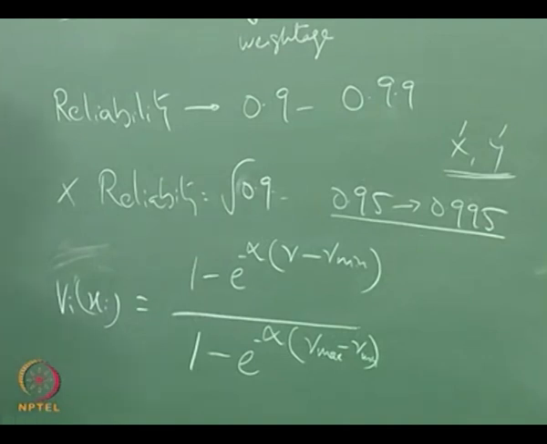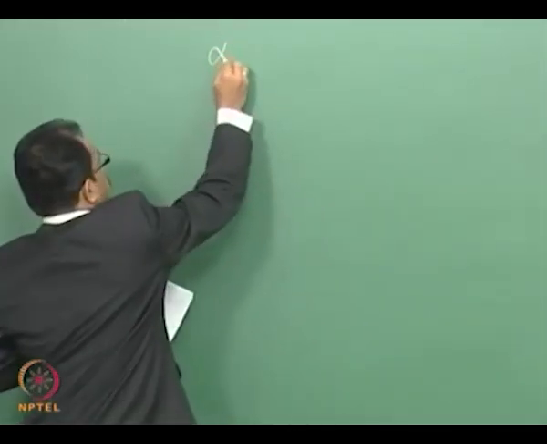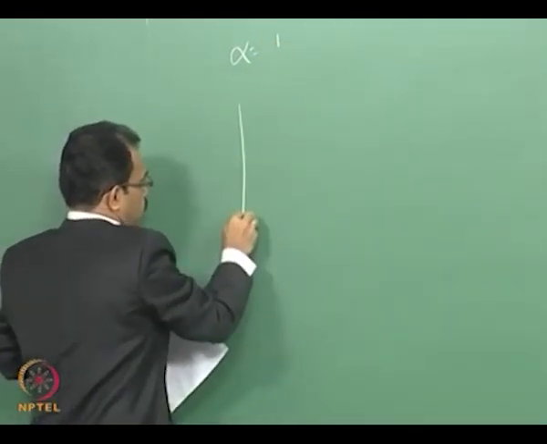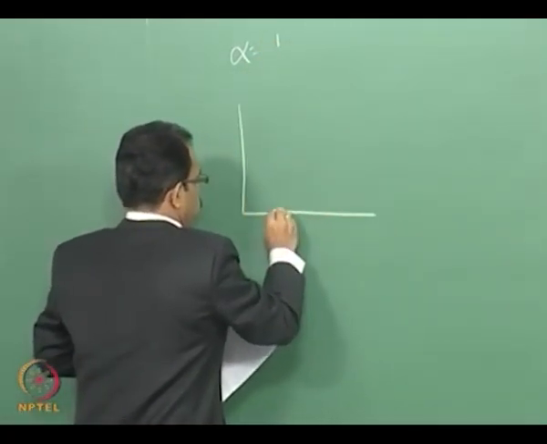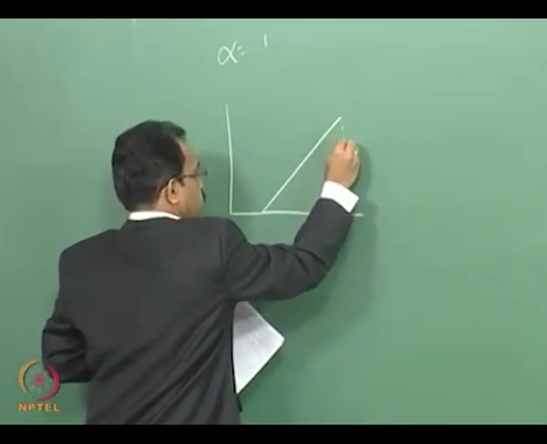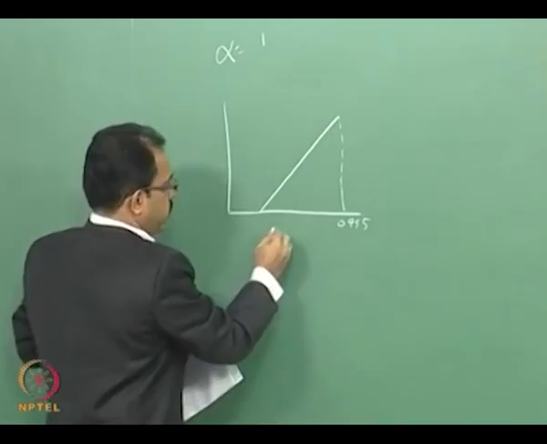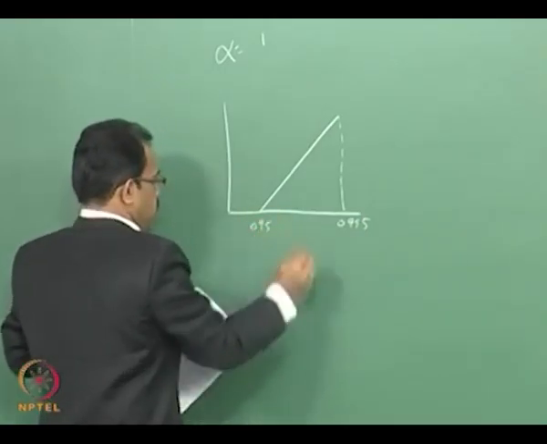If you take alpha equal to a particular value of 1, then the value function will be from 0.95 to 0.995.